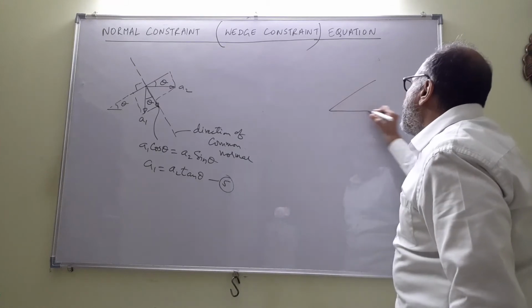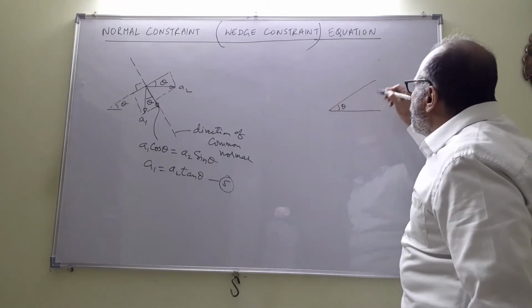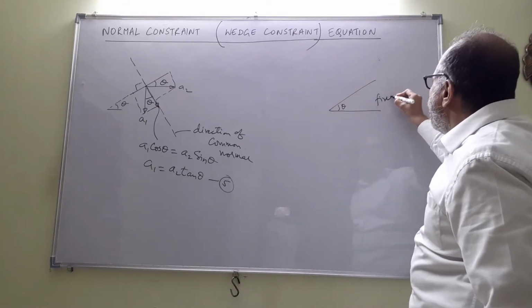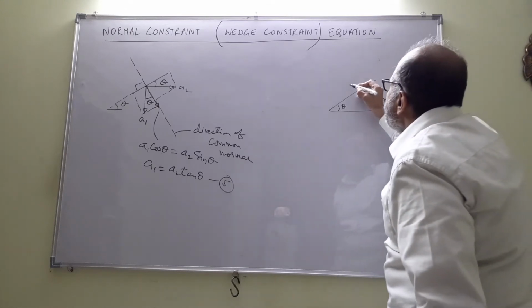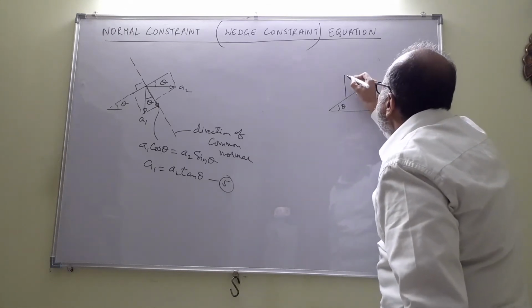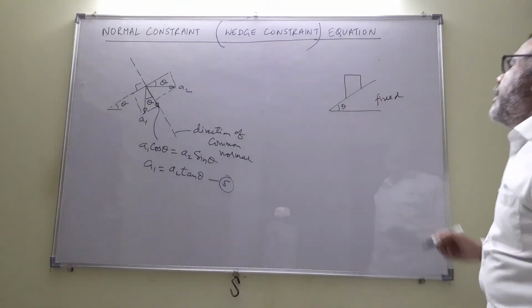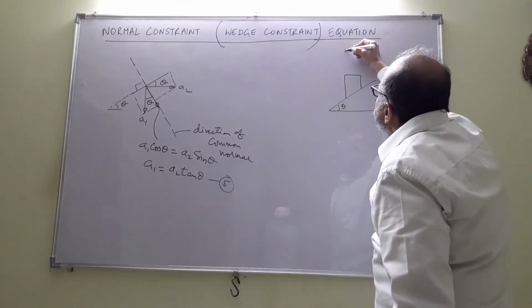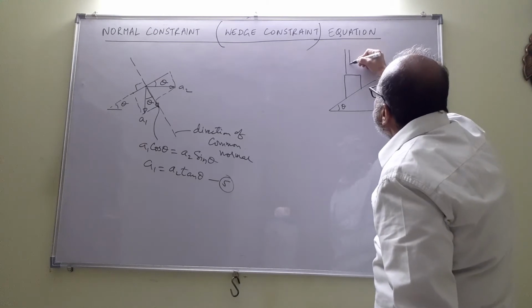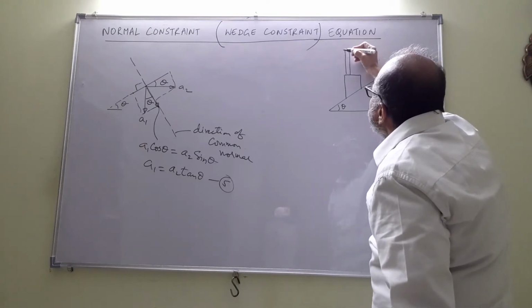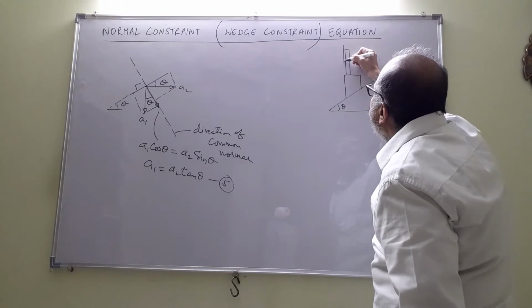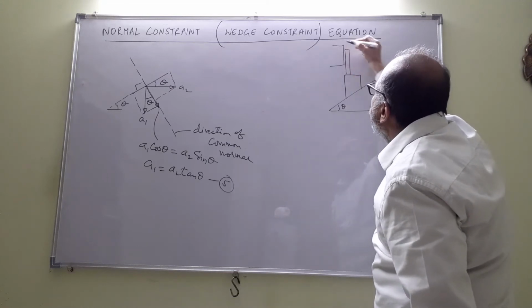We have the incline here. This is fixed. It's a fixed incline. And on this, there is a block of this shape. And on this block is another block which is being guided by, there is a guide here like that.